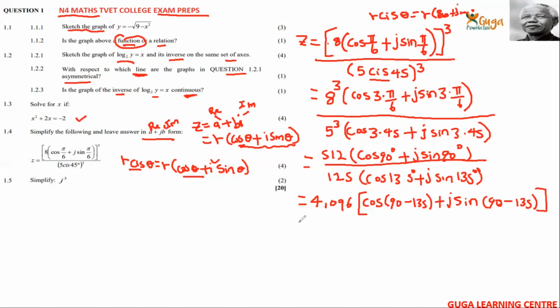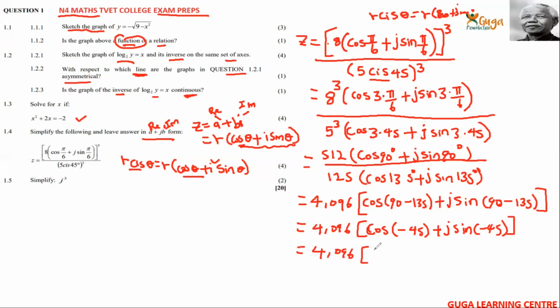So here we're going to have 4.096 into cos of 90 minus 135, which is negative 45, plus j into sine of negative 45, right? And then that's going to give you 4.096 into cos of 45. Here it will be positive, we don't have a negative sign, of course it's positive, in the fourth quadrant.